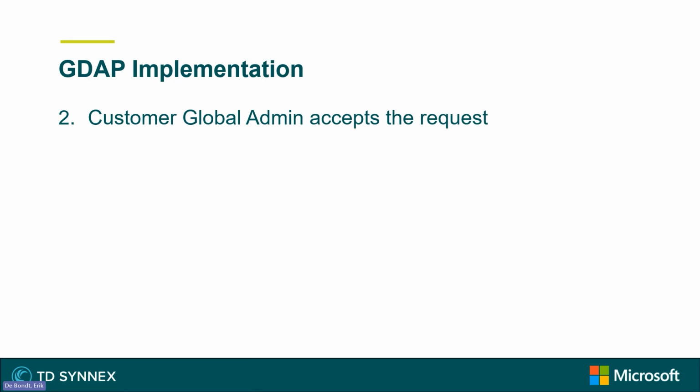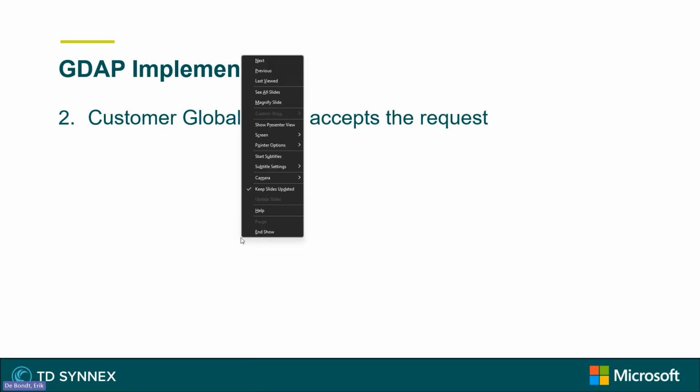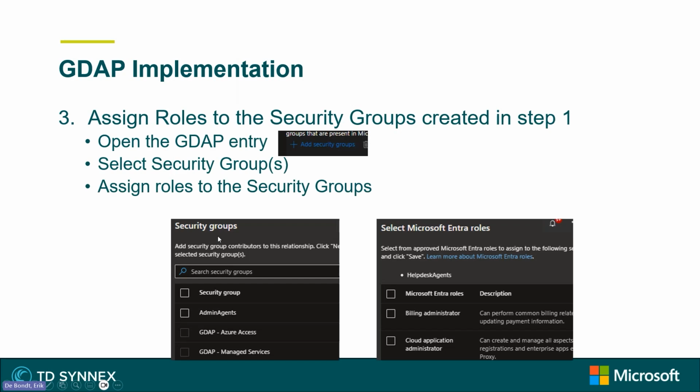So the customer global admin accepts the request, and then you assign the roles, the groups, the proper rights in the GDAP. So remember, the paperwork you've done, you listed for every security group what they want. So once it is accepted, you add the security groups into the GDAP, and you define per group what of the asked permissions will be assigned to that group.